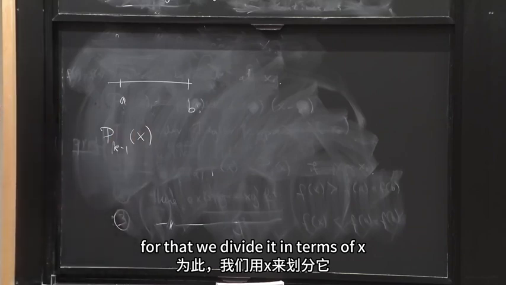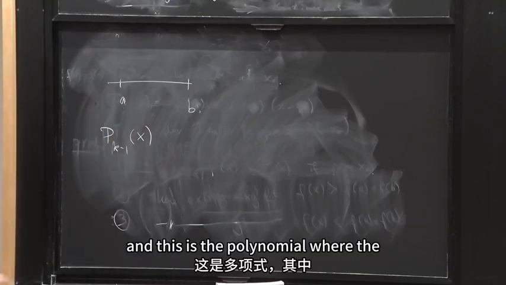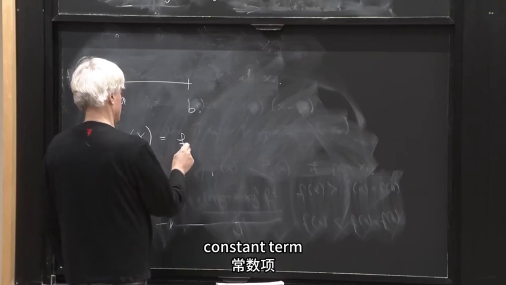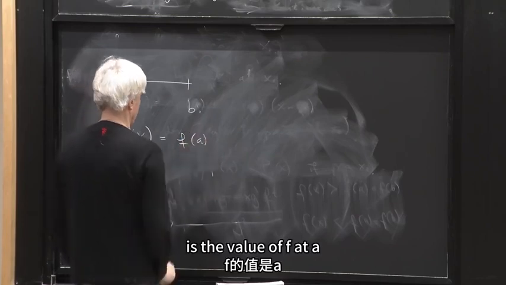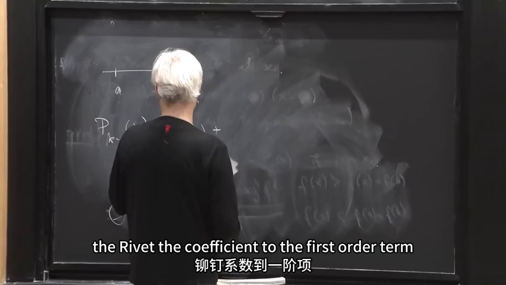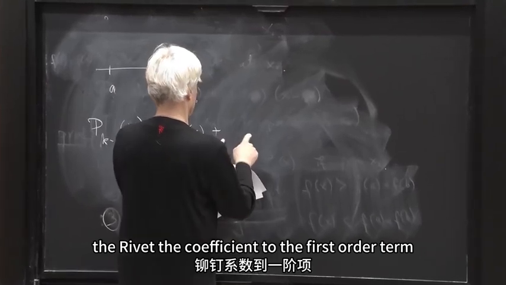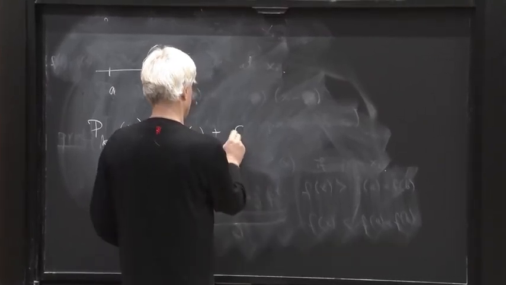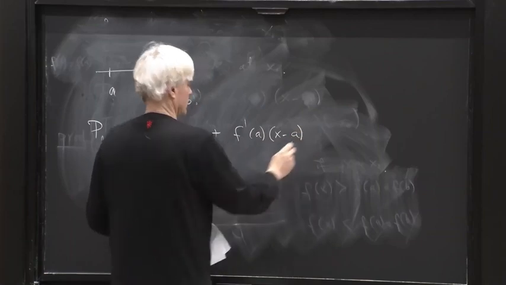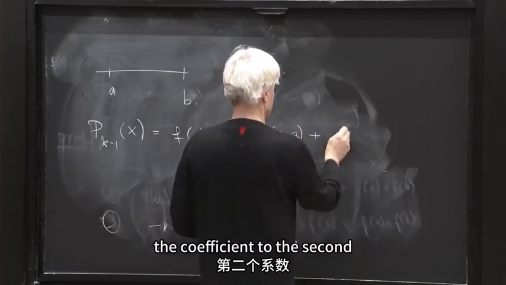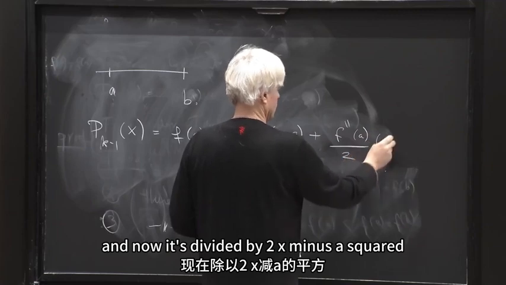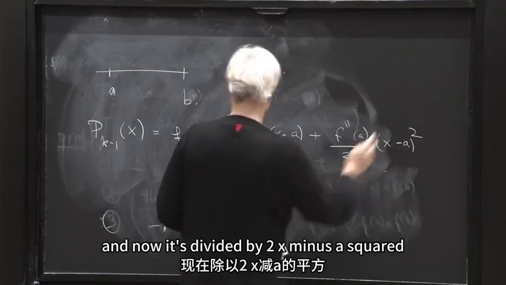For that we write it in terms of x, and this is the polynomial where the constant term is the value of f at a. The coefficient to the first order term is f prime at a, times x minus a. The coefficient to the second is the second derivative at a, divided by 2, times x minus a squared.